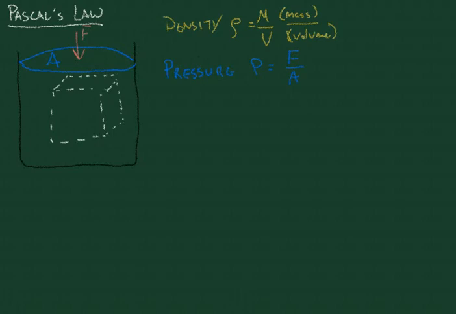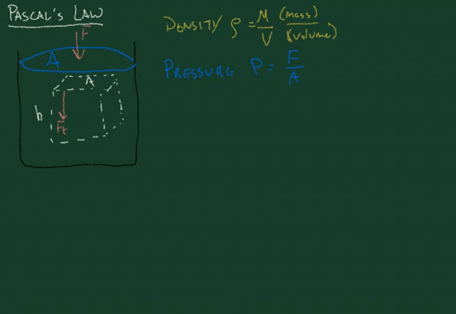This volume is going to have area A as its cross-sectional area on top, and it's going to have a height h. So the volume of this is just h times A. If we look at the forces on this, all of the fluid and everything on top of it is going to exert a force Ft pushing down on it, the force from the top.